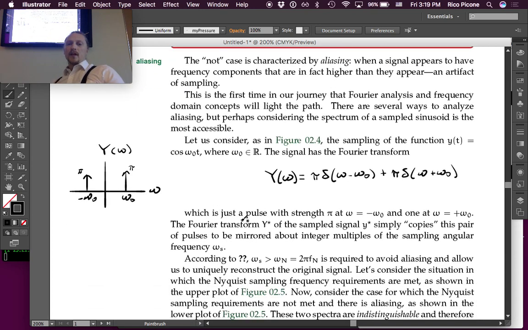So this is just a pulse with strength pi at negative omega naught and one at positive omega naught. The Fourier transform Y star of the sampled signal y star, different capitalizations, simply copies this pair of pulses to be mirrored about integer multiples of the sampling angular frequency omega s.